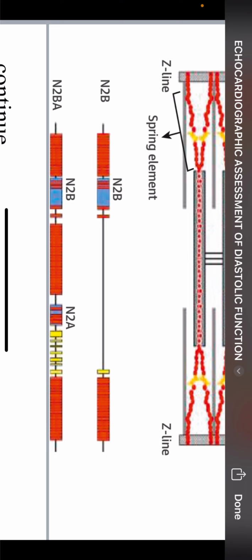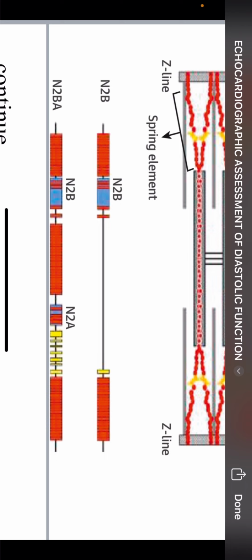And that coming back as a spring is very fast. If we check the entire LV cavity, it creates a suction, a rapid fall in pressure. For example, end systolic pressure was around 120 or 100.